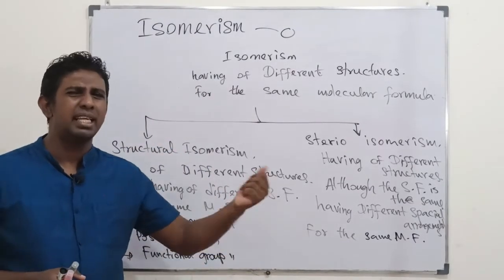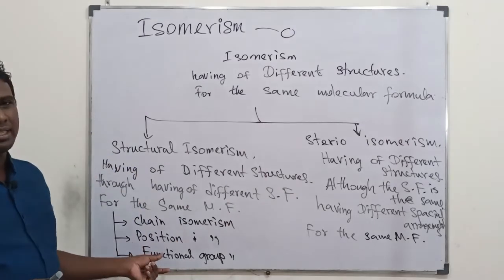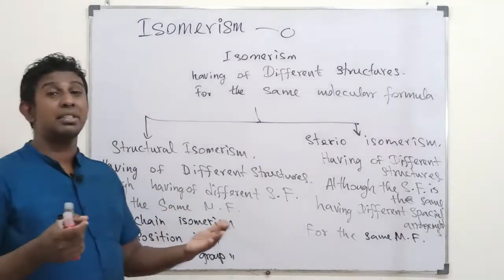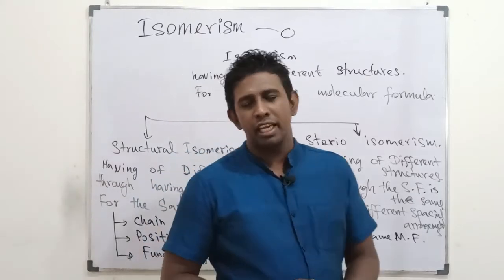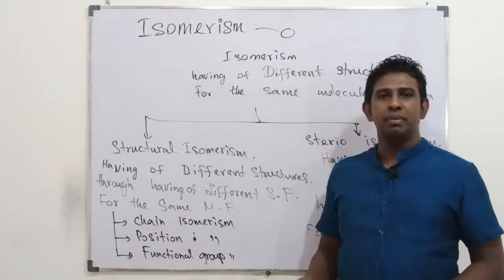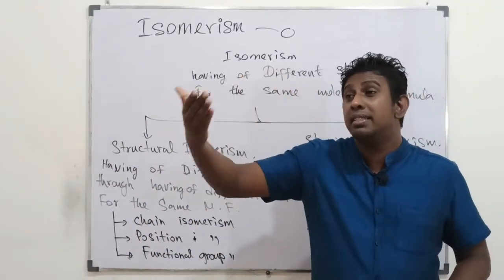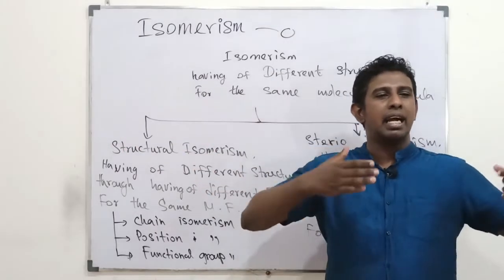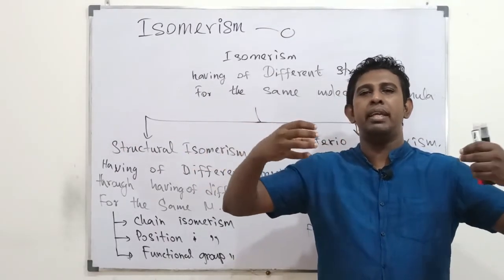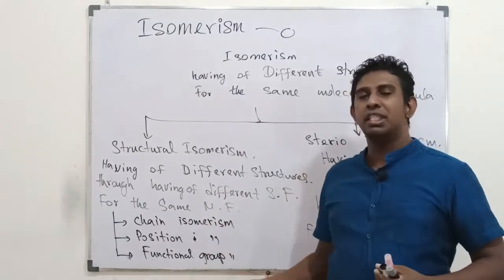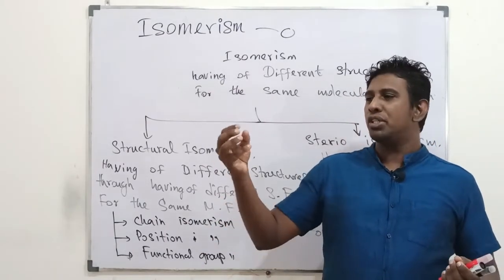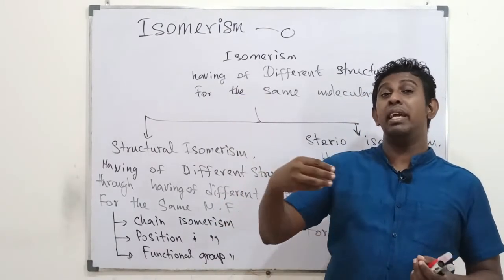Then you can easily find out what functional group isomerism is. As you got earlier, when it says chain isomerism, the carbon chain length varies. When it says position isomerism, the position of the attached groups varies.